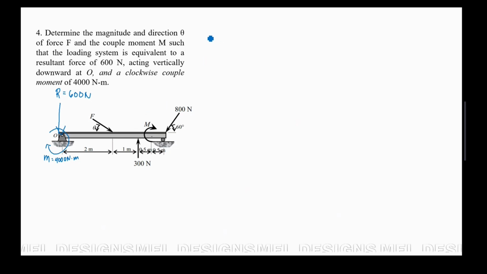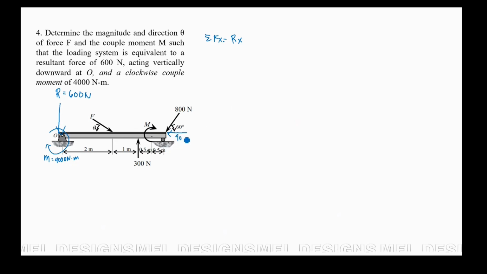Just like before, we will take the summation of forces along x. So that will now be the resultant of forces along the x-axis. Okay? So for this force, we have here 800 cosine 60. So this is now 400.